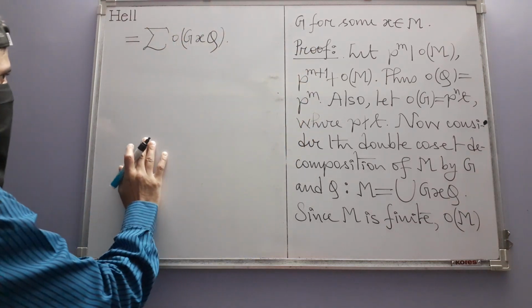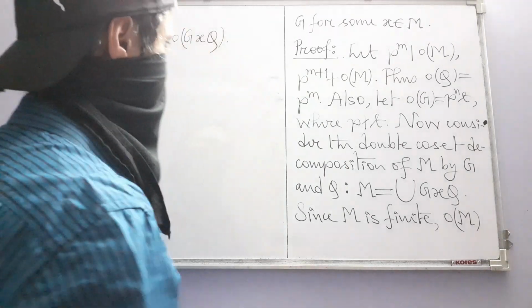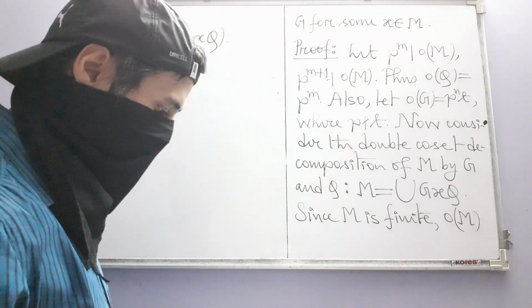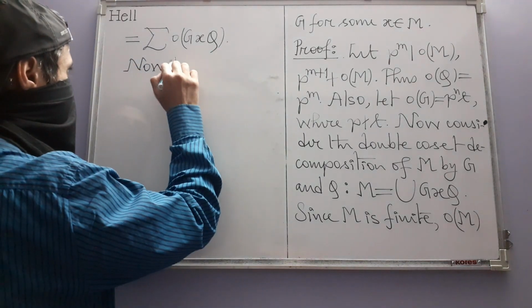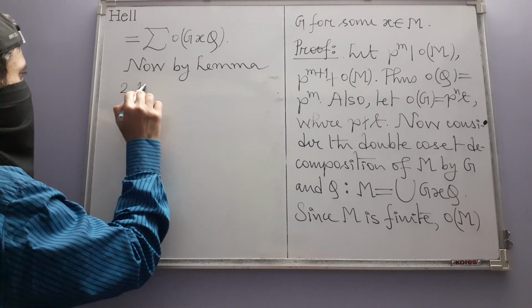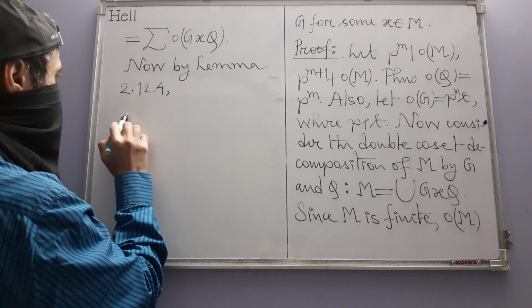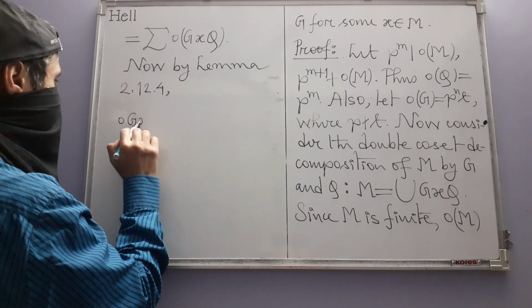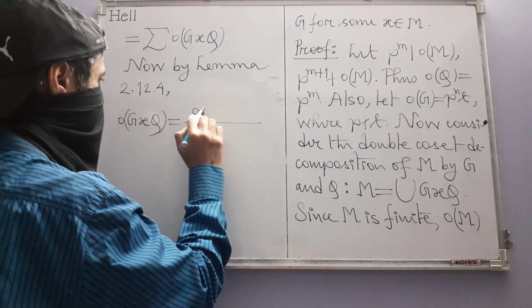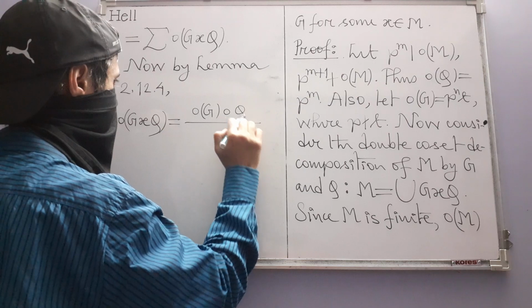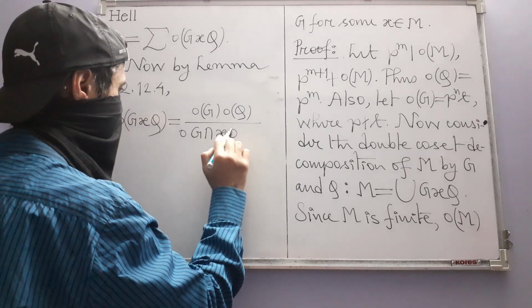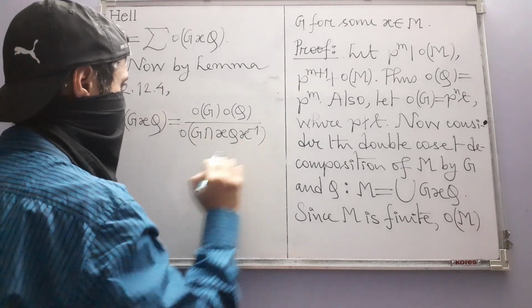By the previous result, that means by lemma 2.12.4, the order of GxQ is equal to the order of G times the order of Q divided by the order of G intersection xQx inverse.